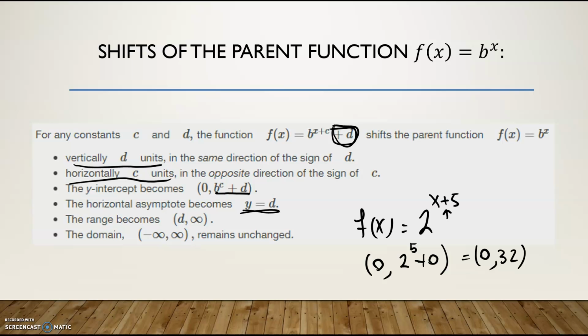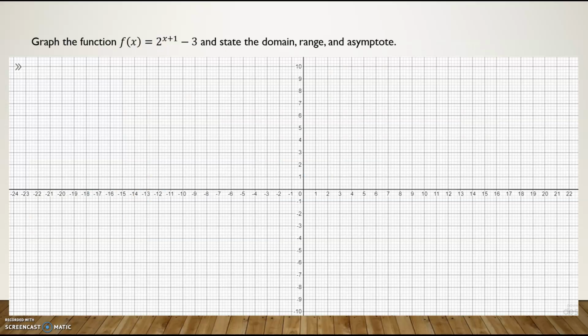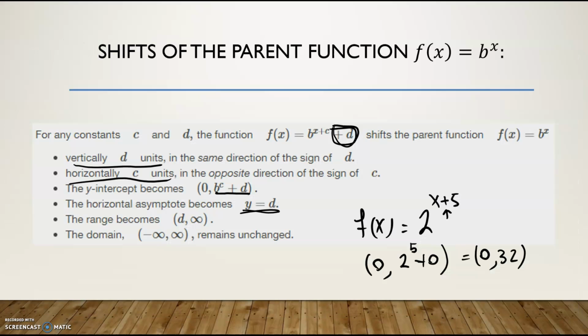Okay, so let's look at this one. We're going to graph the function f of x equals 2 raised to x plus 1, minus 3. We'll state the domain, the range, and the asymptote. Okay, so I need my two key points.